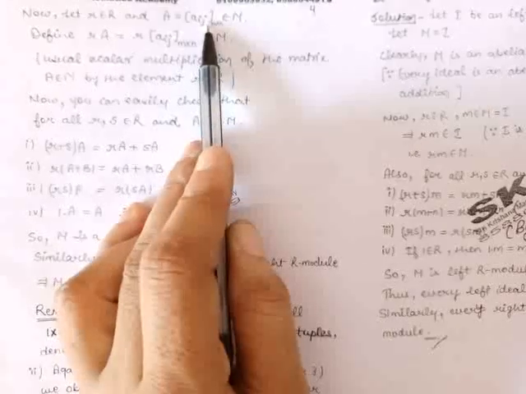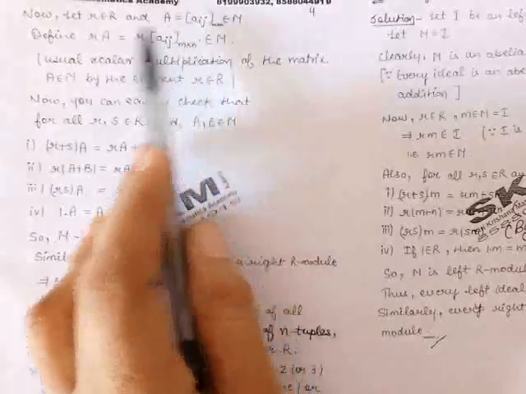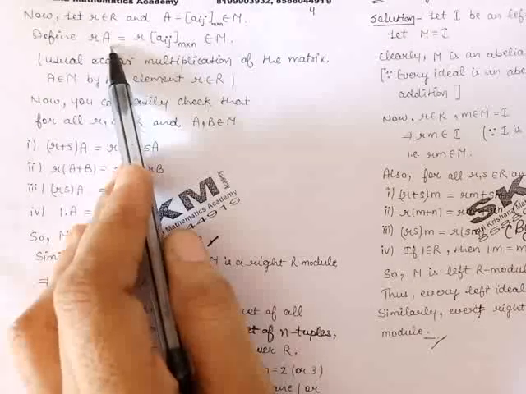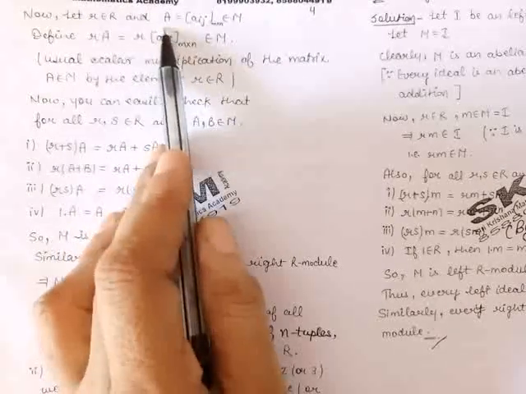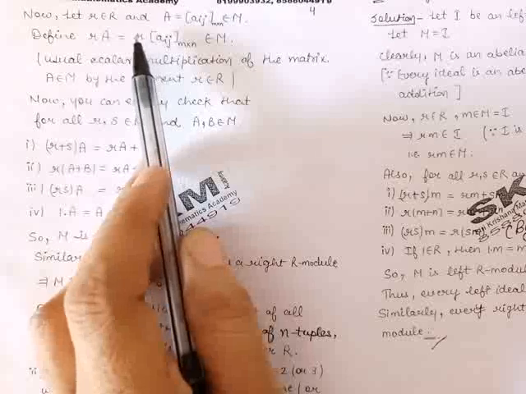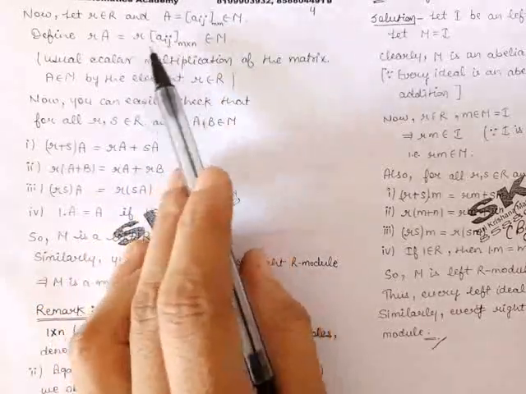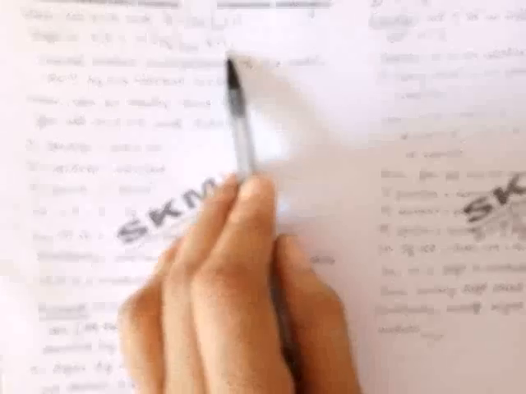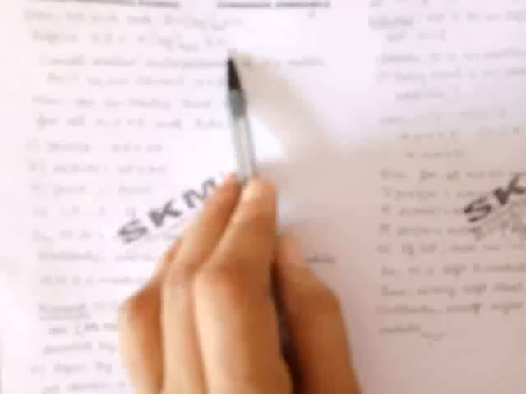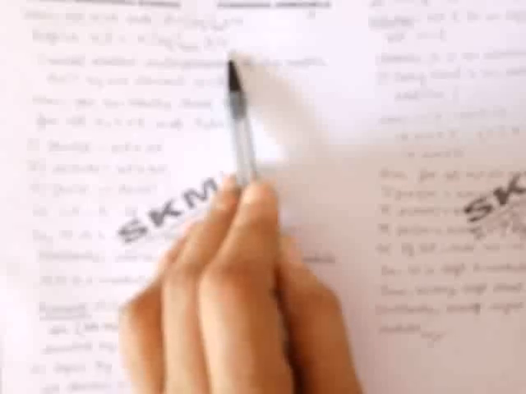Now let us define the scalar multiplication rA by multiplying each element of the matrix by r, and this is again belonging to M because this is also a matrix of order M cross N. So we have defined scalar multiplication also.